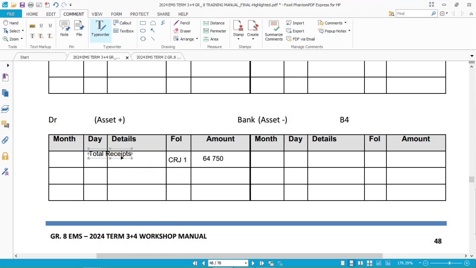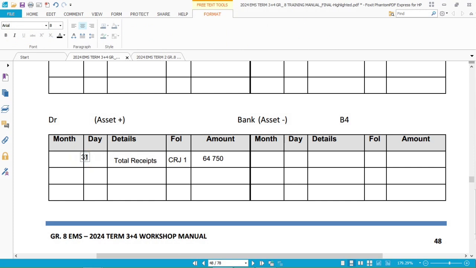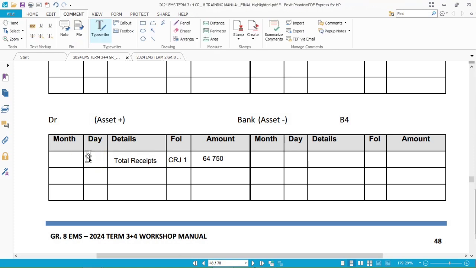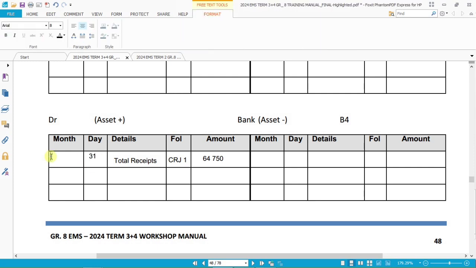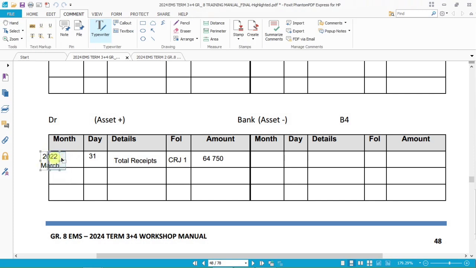And then I'm going to write the 31st of March 2022. Someone might ask why we write the year. We write the year because of completeness. We just want to know which year this transaction took place.